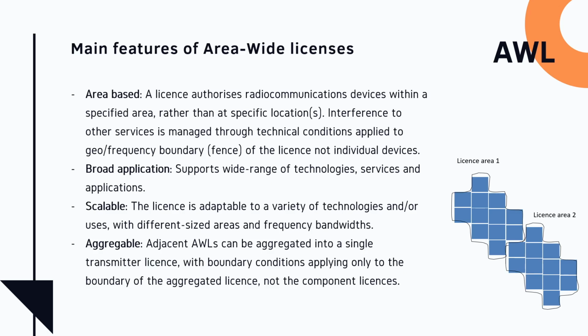It can support a variety of technologies and also frequency bandwidth combinations. Individual AWLs can also be aggregated to form a larger AWL license, as you can see on the right hand side. Here you see two areas, two AWLs, each one made of many smaller grids. This is the first boundary on the left, and then the second boundary. So you could actually join these two and then work with the overall license boundary.